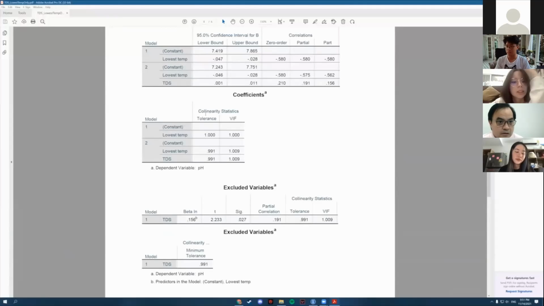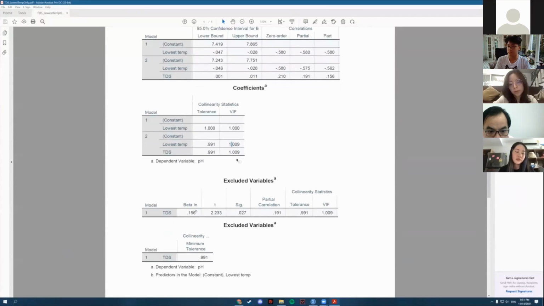VIF, or the collinearity statistics, states whether this particular set of data can be analyzed via linear regression. For this model it is 1 and 1.009, which is acceptable for most cases of linear regression analysis.